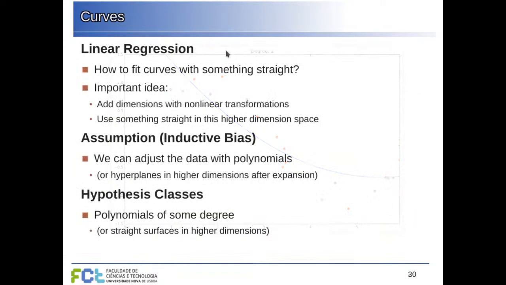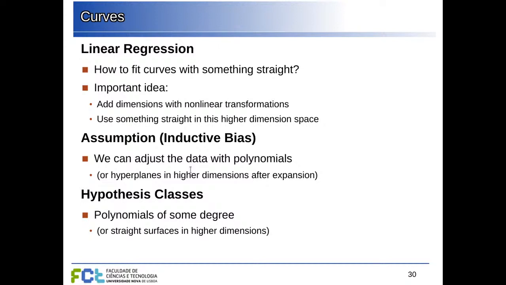So if we do this, we can actually start curving more. So in these cases, we started with this assumption that we can adjust the data with a straight line, but now we can choose different polynomials. So for each degree of the polynomial, we have a different assumption that we are considering.